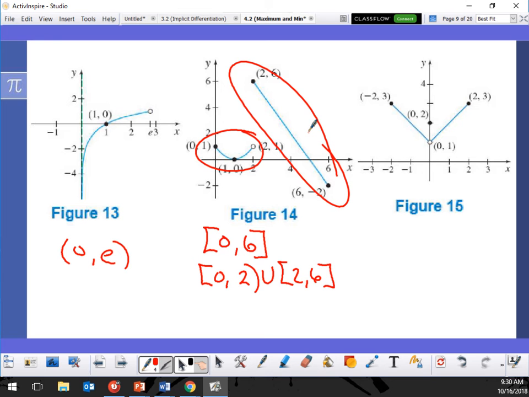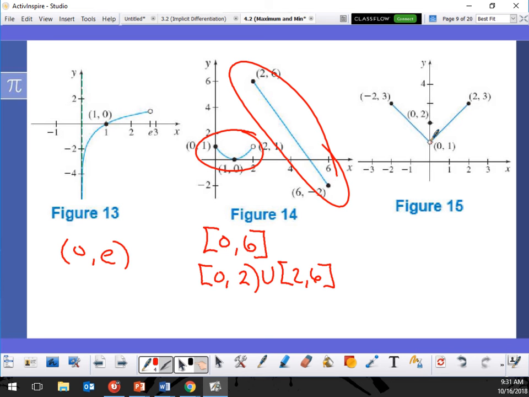All right, let's take a look at this next one quick. Is it discontinuous? Or even better, is it continuous? No, it's not continuous. There is a hole here, right? So would there be a local minimum?